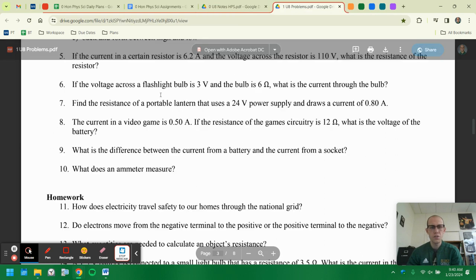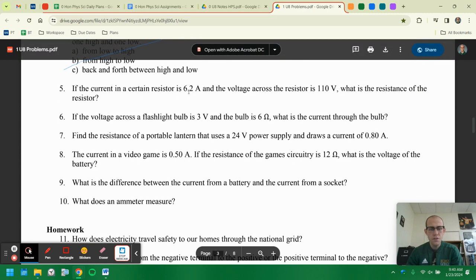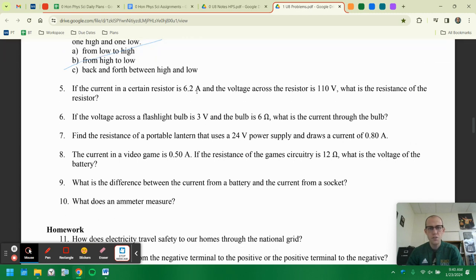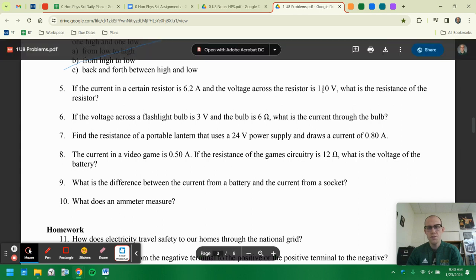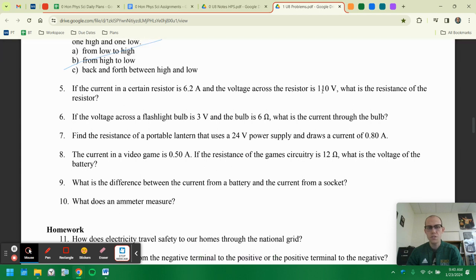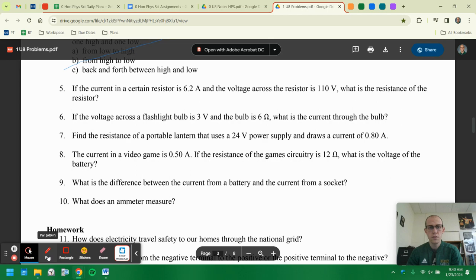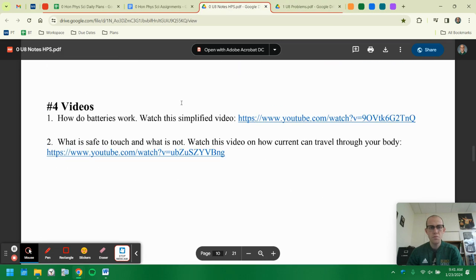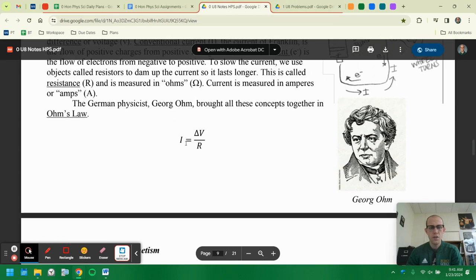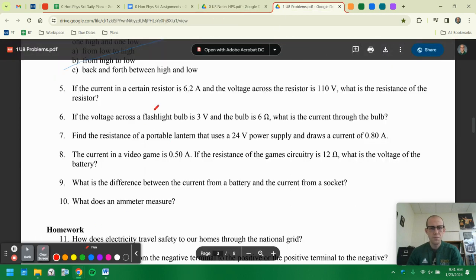So the first one is a resistor that has a current of 6.2. The voltage across the resistor is 110. What's the resistance of the resistor? Well, looking at our notes, we know that current equals V over R. So setting that up, current equals V over R. Current was given to us as 6.2.